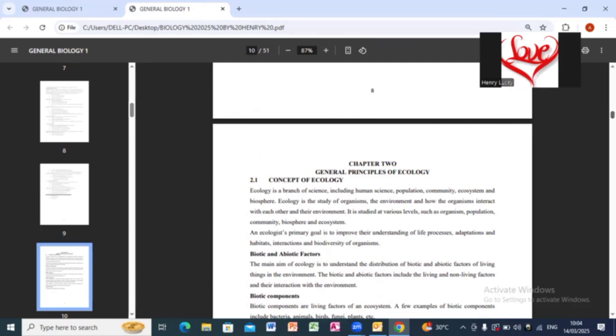Humans and organisms interact with these factors. Examples of the abiotic components include soil, sun, and air, while examples of the biotic components are birds, bacteria, fungi, plants, and animals.